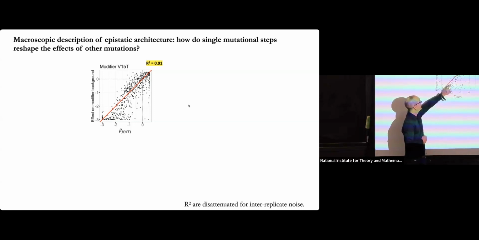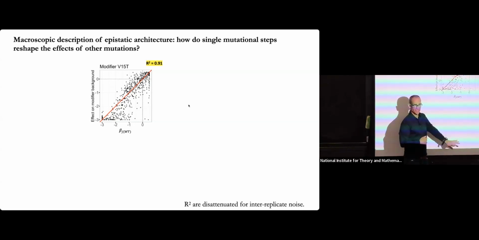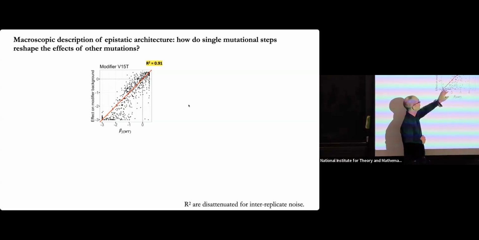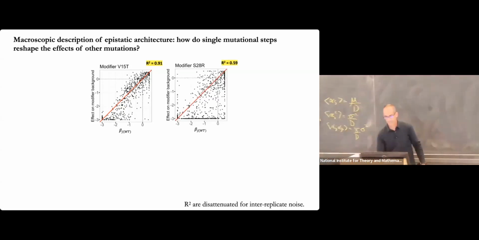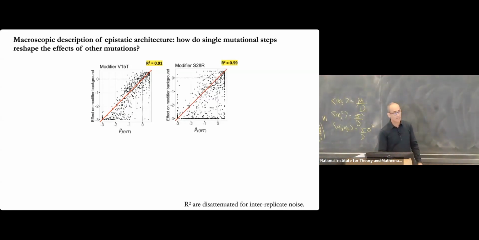And the R squared, which is disattenuated for noise, shows you that this is a modifier that's fairly weak, but it does cause some decorrelation in the effects of all targets. There are others that are quite strong, as you would expect. Okay, so that's the R squared.